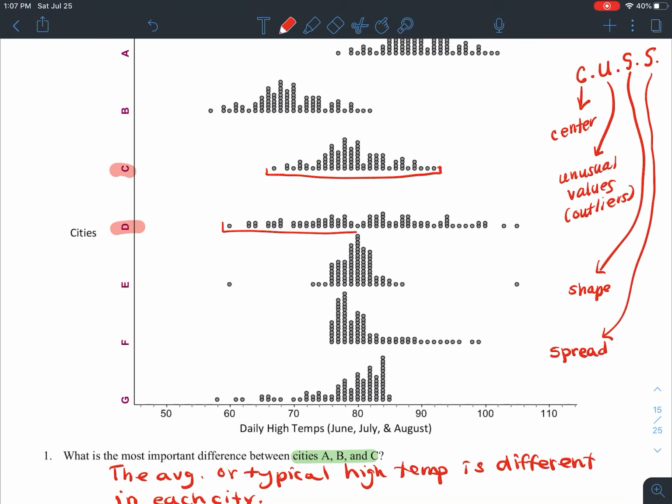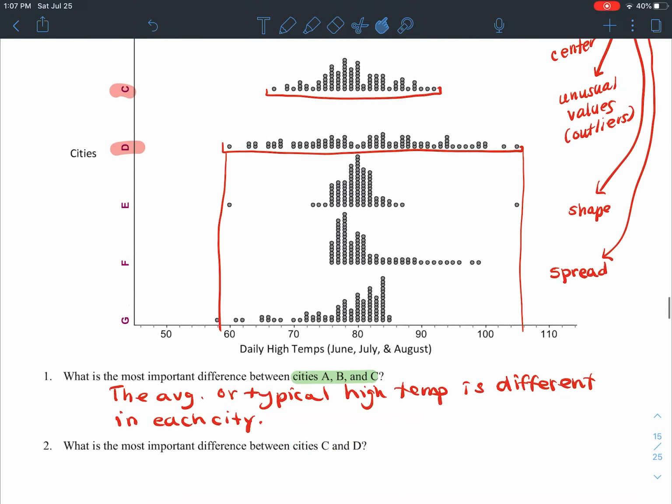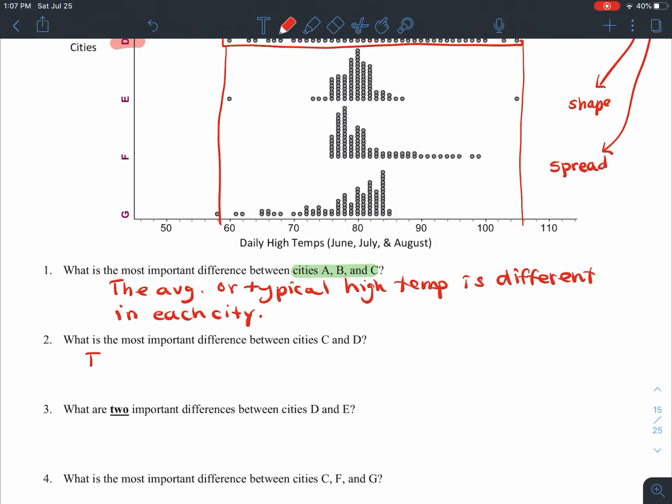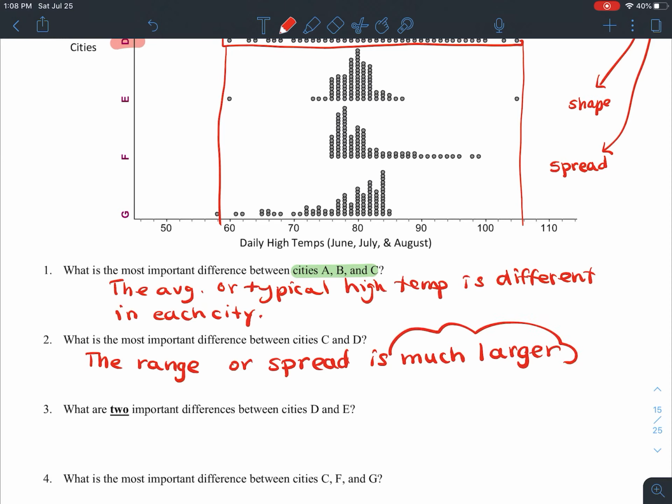City C isn't varying as much as city D. There's some months where it gets down below 60 as the high, and somewhere it's over 100 as the high. Okay, so I would say for number 2, we could say either the range, you could use the word variation, or you could say the word spread is, now notice how I'm using comparative language here, is much larger. Okay, that's a great phrase to use to compare for city D than city C.